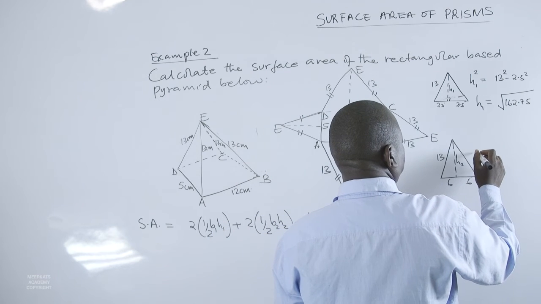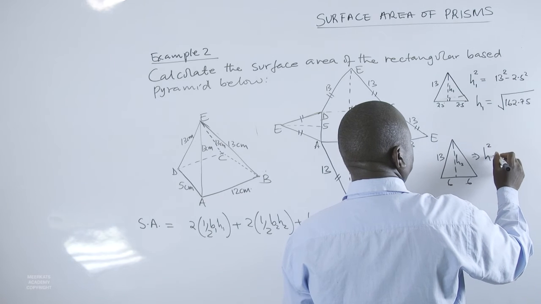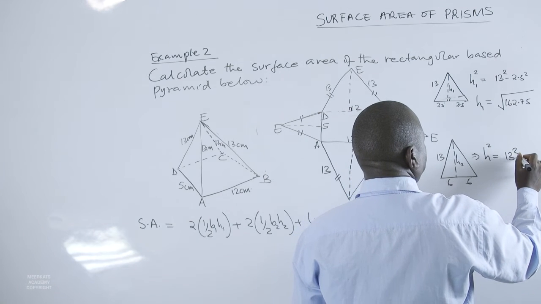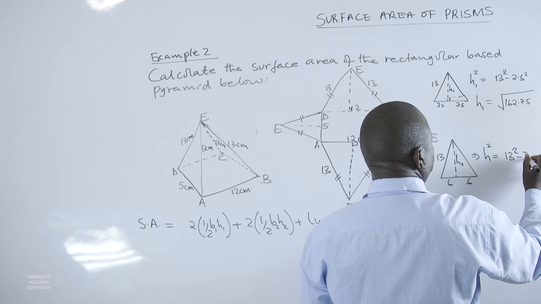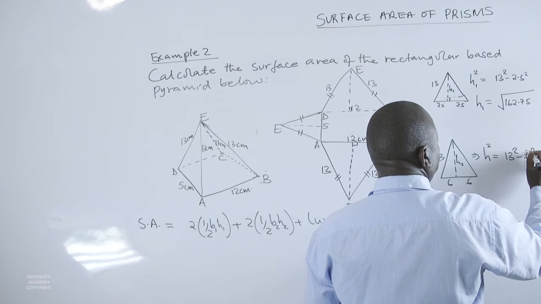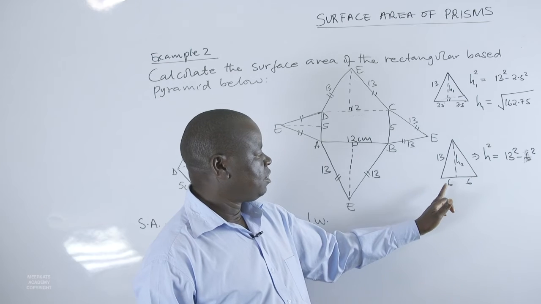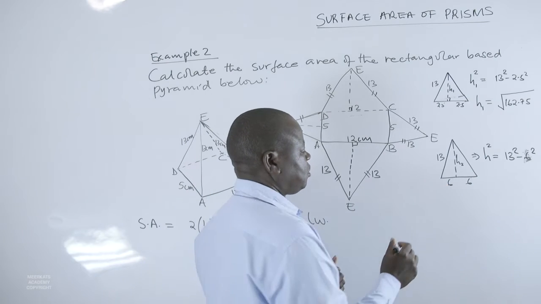for H2, H2 is equal to 13 squared minus 6 squared.